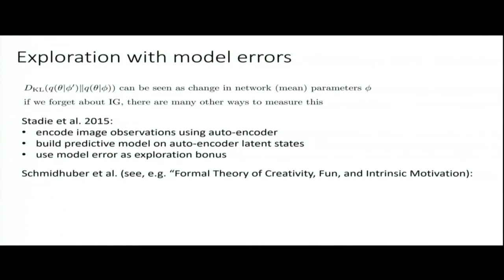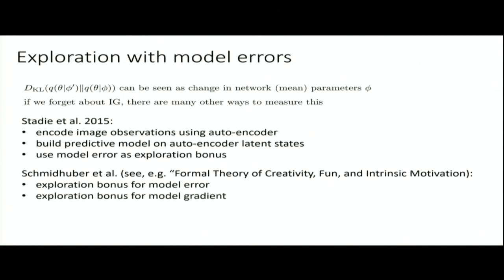There's some work by Schmidhuber. There's actually quite a few papers on this, but there's a survey in this Formal Theory of Creativity, Fun, and Intrinsic Motivation. And the idea there is also to look at errors in models. And there are a few bonuses that are explored, including exploration bonuses for model error, exploration bonuses for the model gradient. So you say, if you see a new point and you get a big gradient out of it, that's an interesting point because you had a big gradient.